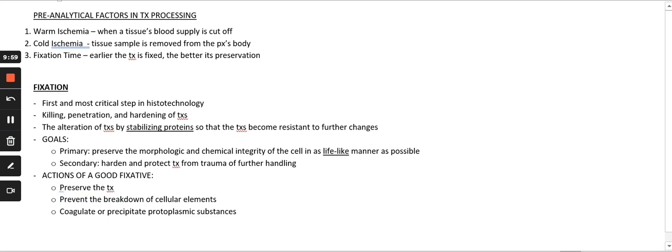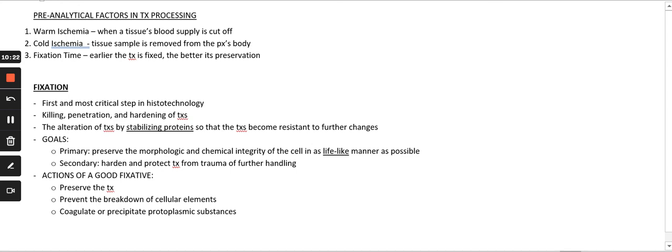If it will preserve the tissue, very good. If it prevents the breakdown of cellular elements, okay, again, we have to preserve it in as lifelike a manner as possible. It is also an action of a good fixative to coagulate or precipitate protoplasmic substances.